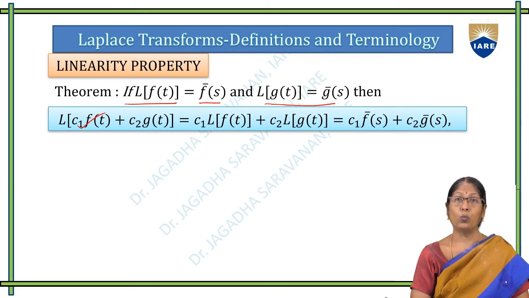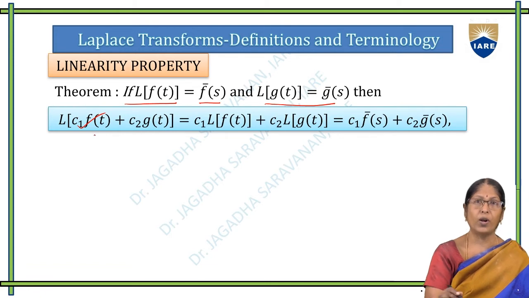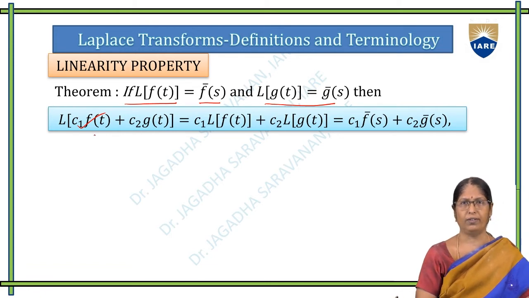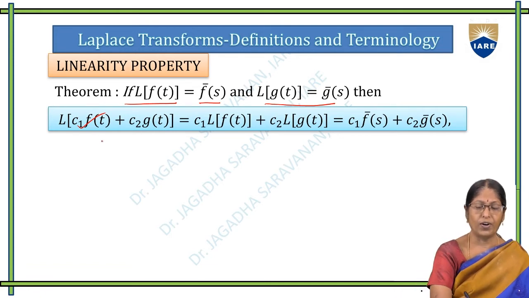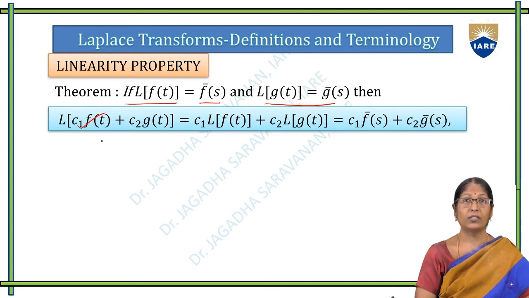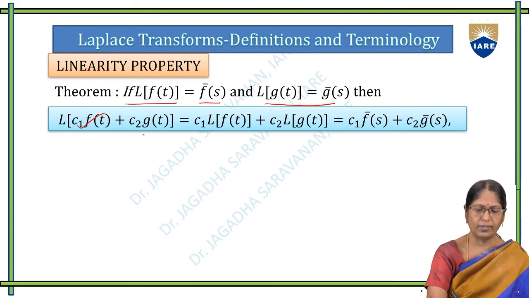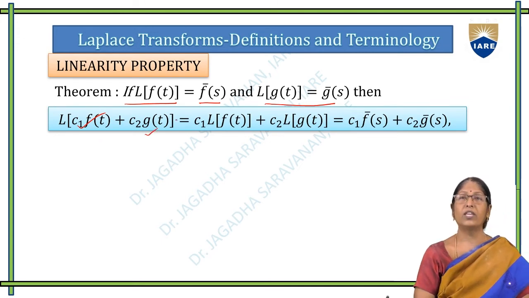But even with what we know, whether it is a trigonometric term or constants combined, if they come as two terms, then we take the first term as c1 f of t and the second one as c2 g of t.